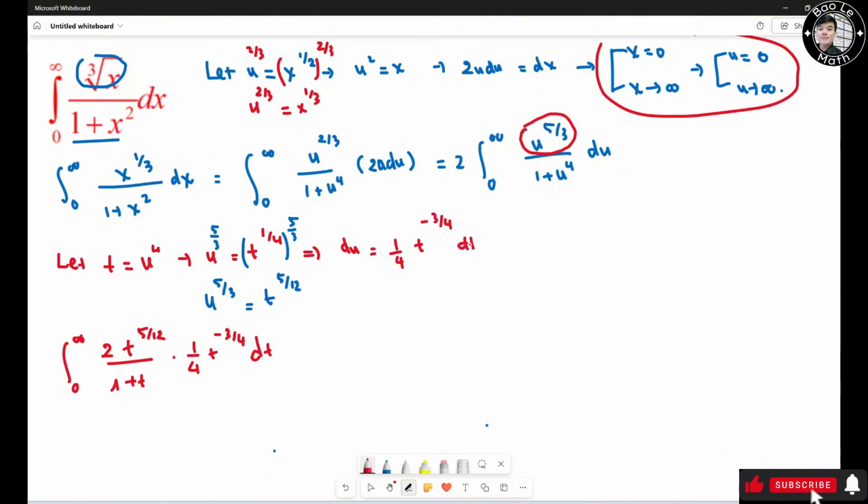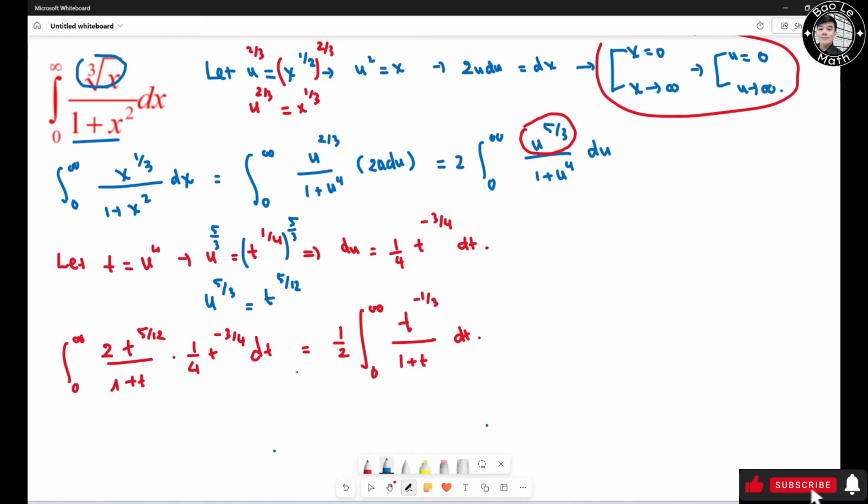I forgot dt right here. Alright, so to simplify this, 2 and 4 is going to be 1/2. Now I need to combine this, so it turns out to be 1/2 times the integral from 0 to infinity of t to the negative 1/3 over 1 plus t dt.